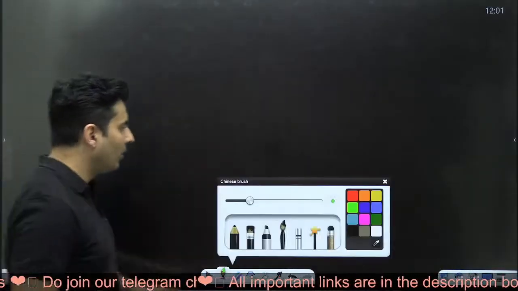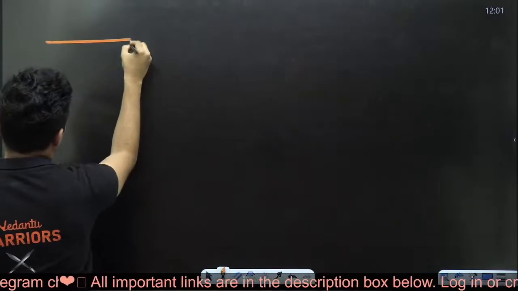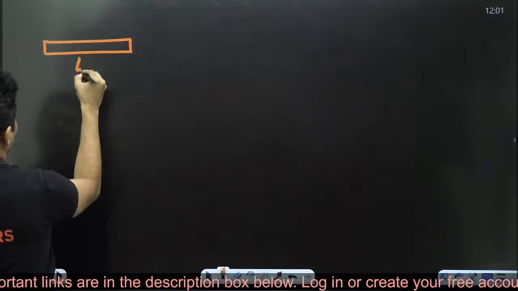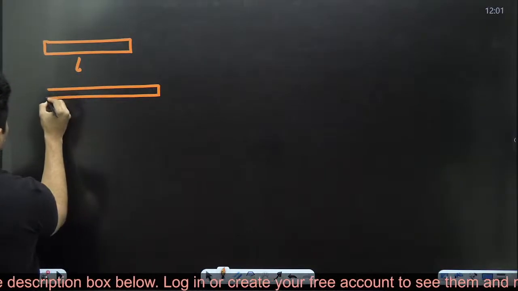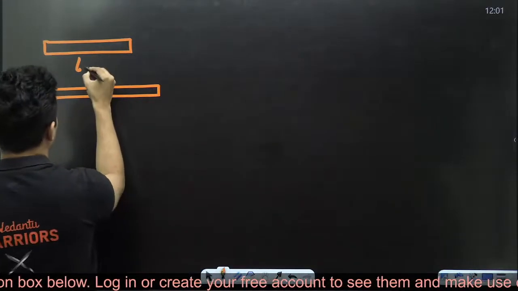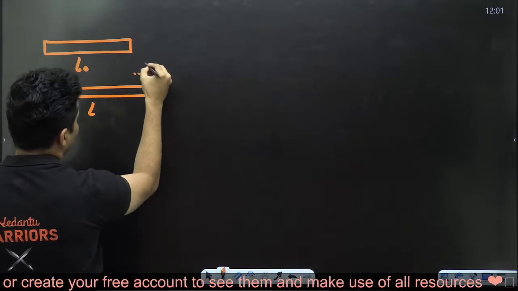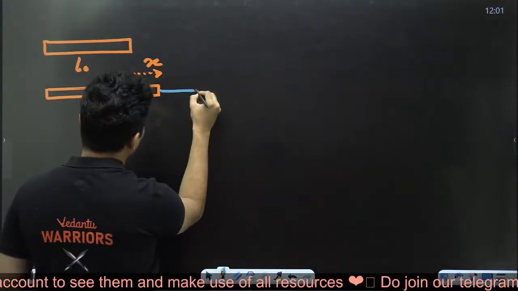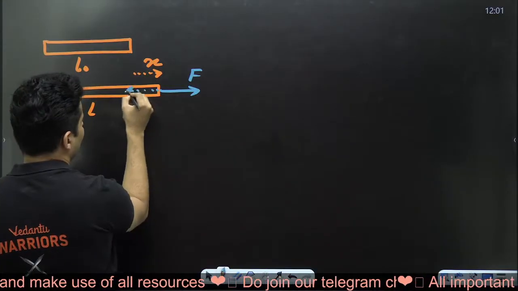So starting off with longitudinal deformation. My dear warriors, imagine this is a rod of certain length L, and now the rod changes its length. Let's say it was L0 and now it became L, and now it has changed its length by x. So from outside there could be a force which will also be the restoring force internally, that is understood.